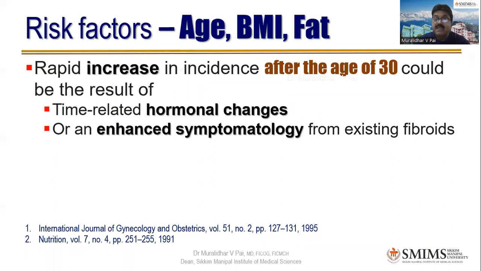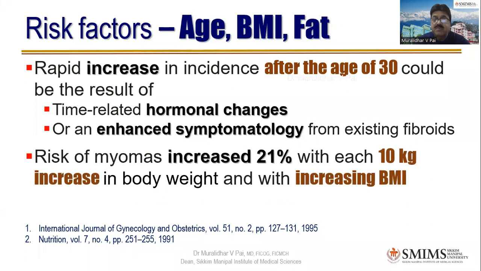Or an enhanced symptomatology from existing fibroids. So what happens in these women, the fibroids may have been there, but as the age advances, they grow also, and then the symptomatology also increases from the existing fibroids. Risk of myomas increased 21% with each 10 kg increase in body weight and with increasing BMI.